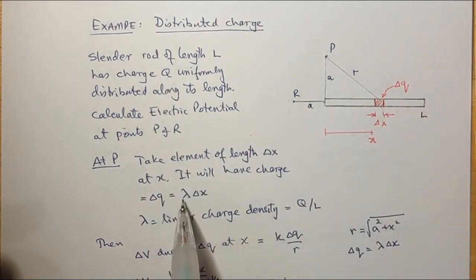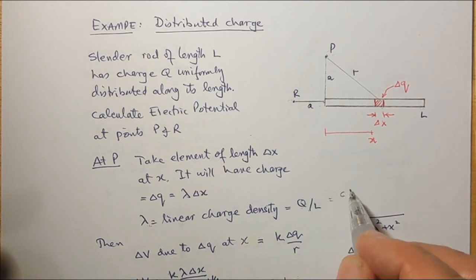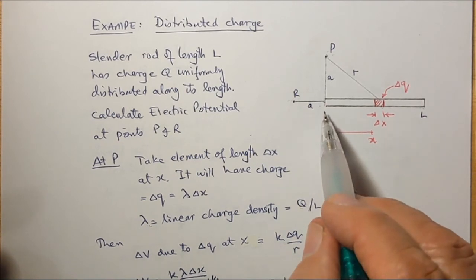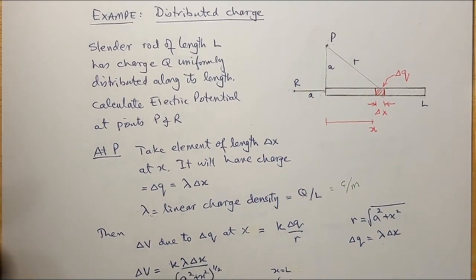So the linear charge density would be the total charge over the total length, and it's going to be coulombs per meter. So every meter length of this rod would have so many coulombs. That becomes the linear charge density.